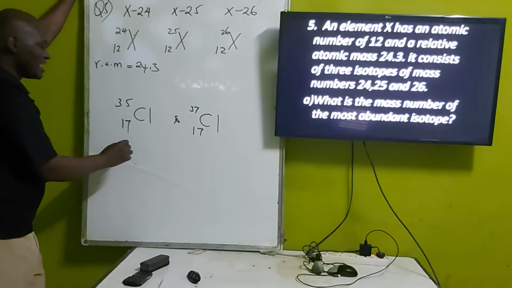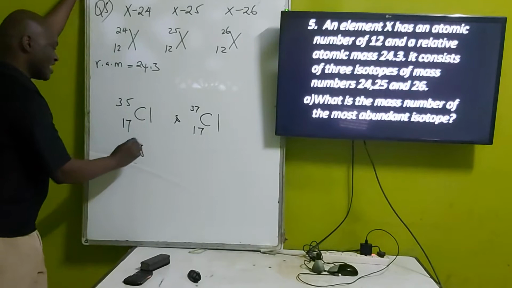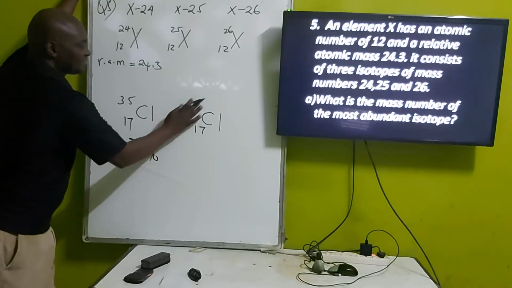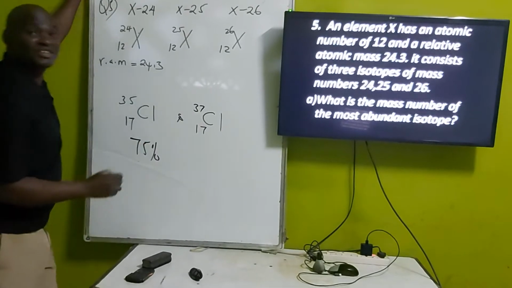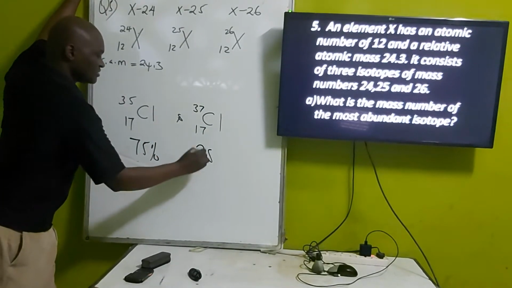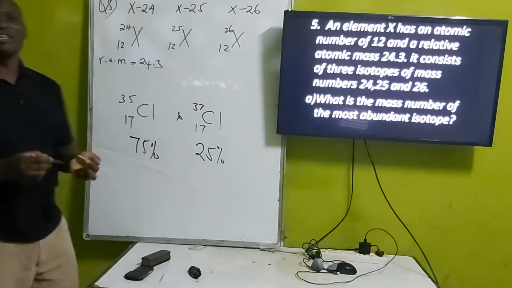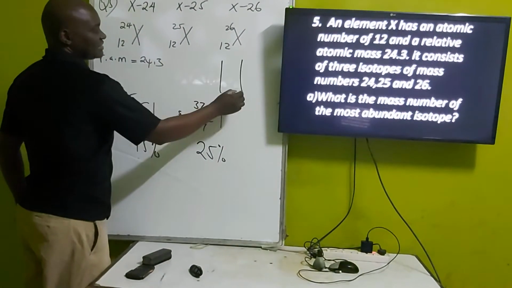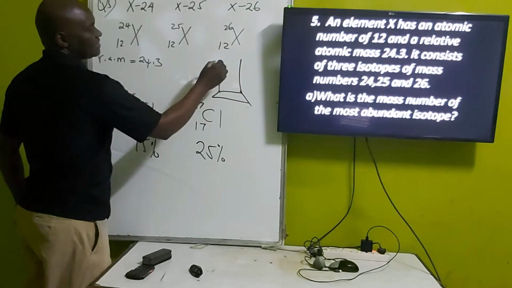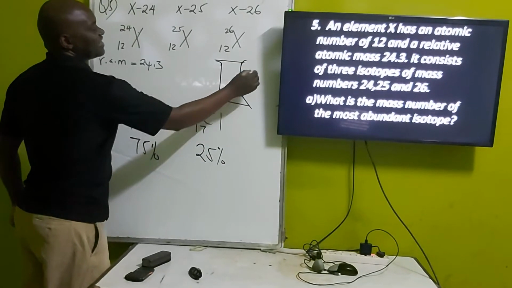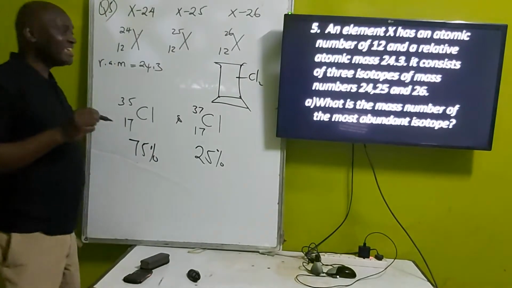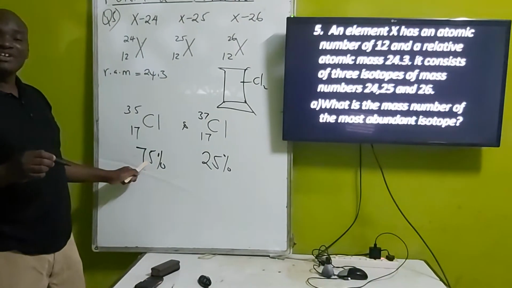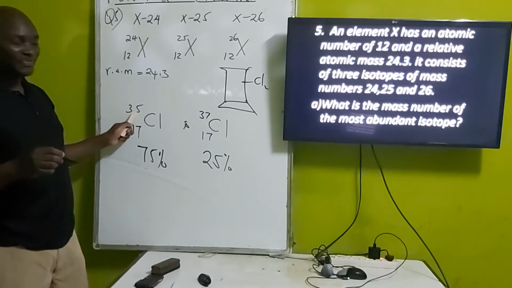Chlorine 35 normally makes up 75%. Chlorine 37 normally forms only 25%. Meaning, if you are preparing a gas and that gas is chlorine gas, it will be made up of 75% chlorine 35.